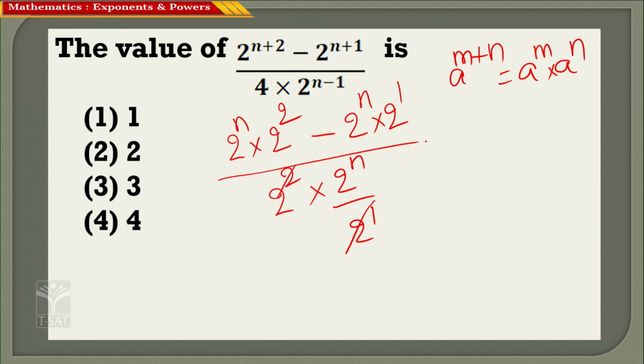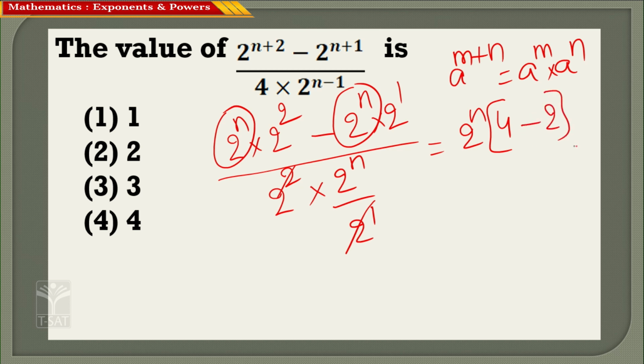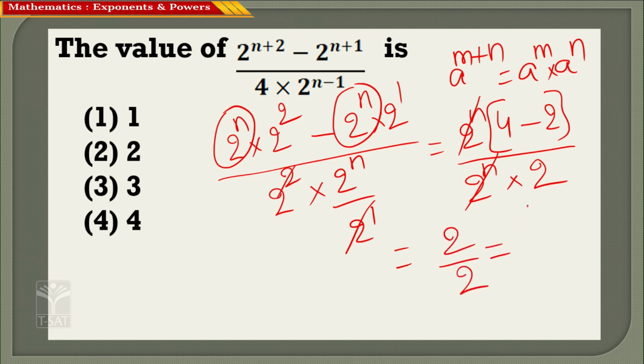Now 2 power n you take common in the numerator. 2 power n if you take common, what else is left? 2 square. 2 square means 4. Minus 2 power 1 means 2, by, here in the denominator 2 power n into 2 power 2 minus 2 power 1 means you get only 1 2. So 2 power n cancel. 4 minus 2 is 2. 2 by 2. 2 by 2 is how much? 1. So you can observe that the required answer is 1.